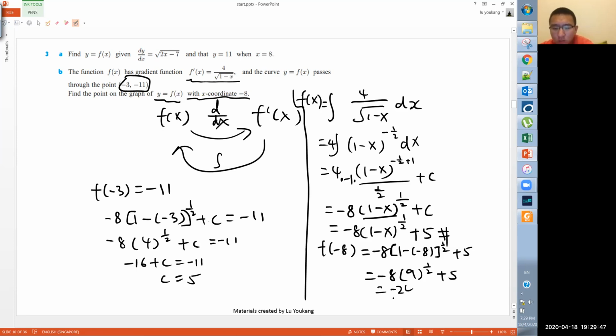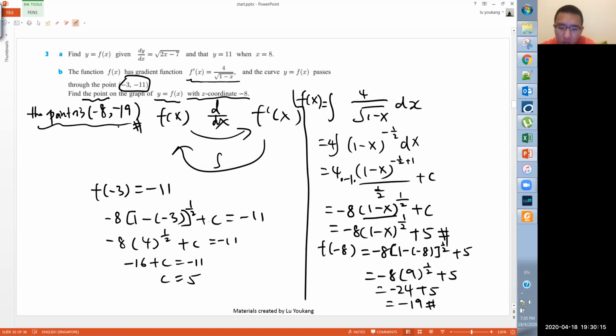So it's -24 plus 5, -19. Okay, so that's the y coordinate of this. So now the question asks for the point, right? So therefore, your answer should be the point is -8 and -19. So this is your answer.